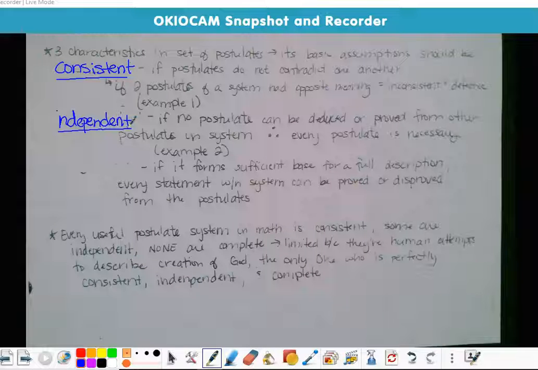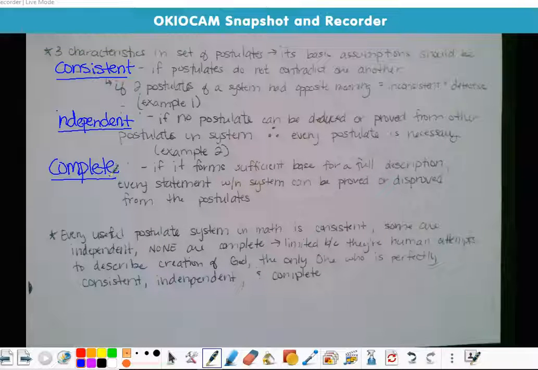And example 2 is going to be helpful for that. And the last one is complete. The last characteristic is complete. All right, so if it forms a sufficient base for a full description of every statement within the system, it can be proved or disproved from the postulates.